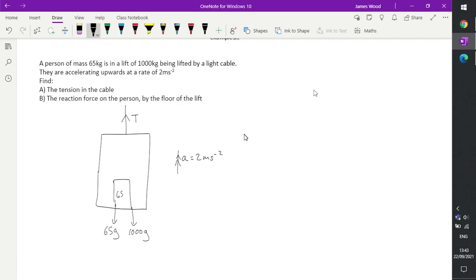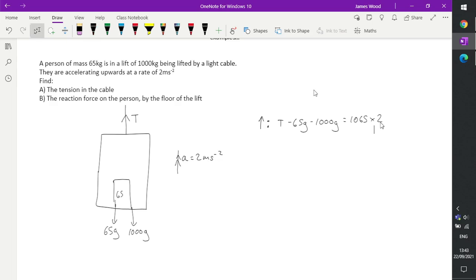If we resolve the forces then, if we resolve going upwards, we're going to have T minus 65G minus 1000G equals the total mass, which is 1065, times the acceleration upwards, which is 2.